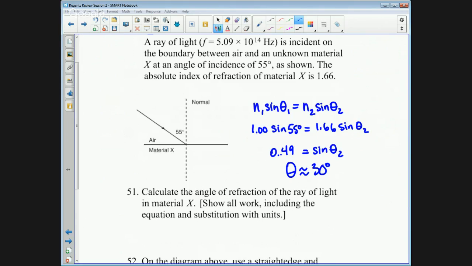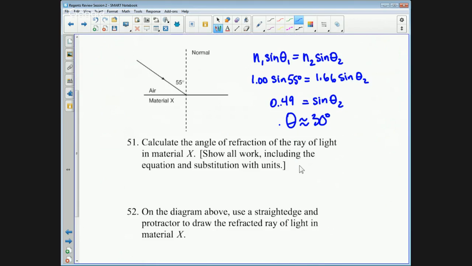So the answer I get is 29.6, or 30 degrees. I'm going to round it up to 30 degrees because that's easier for me to draw. It's difficult to draw a 29-degree angle, but a 30-degree angle is easy.